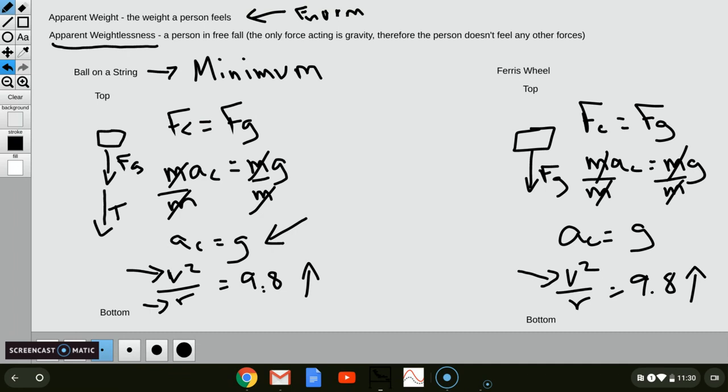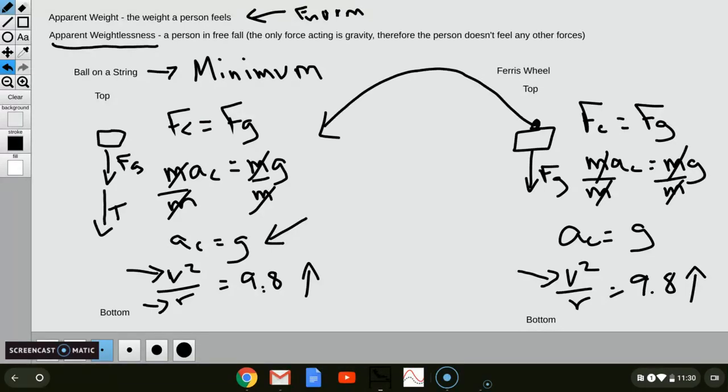Unfortunately, all we have is gravity. We don't have another force available to apply a force down to compensate for that extra needed acceleration. So what happens if you go faster than the weightless velocity? Whoever is sitting here in the Ferris wheel becomes a projectile.